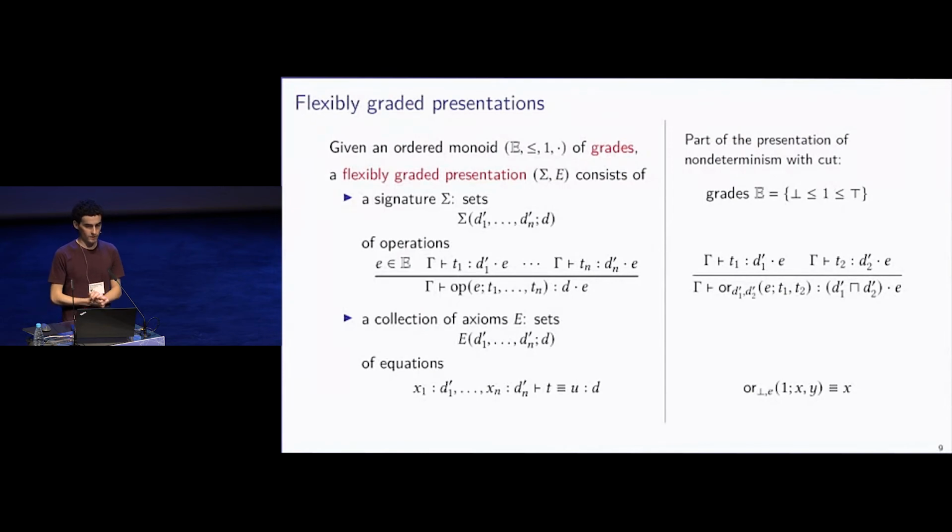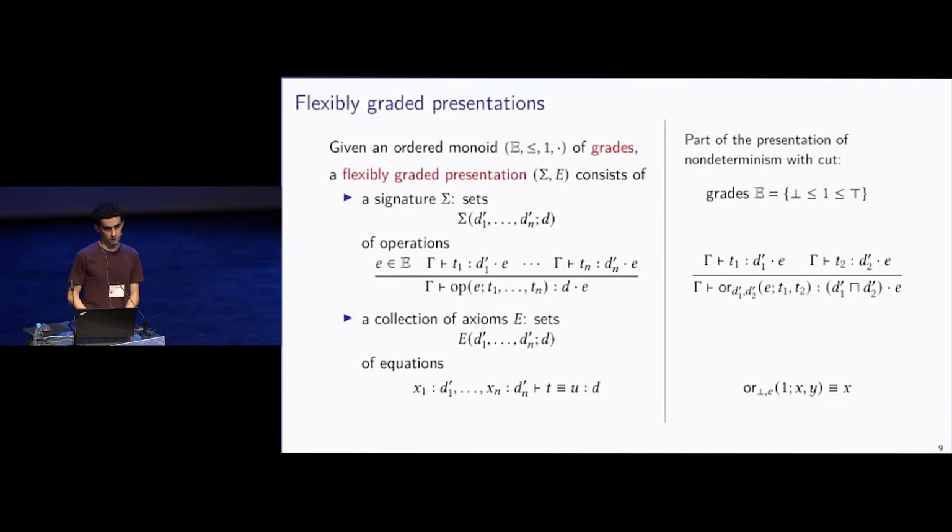So if we have an operation whose inputs have grade d prime and output has grade d, we can apply this operation to terms of grade d1 prime times e to dn prime times e. And then we get something of grade d times e. It's not so obvious why the e is here, but this is necessary in order to get the bind of a graded monad.